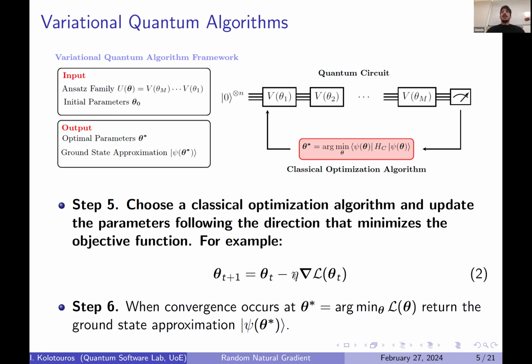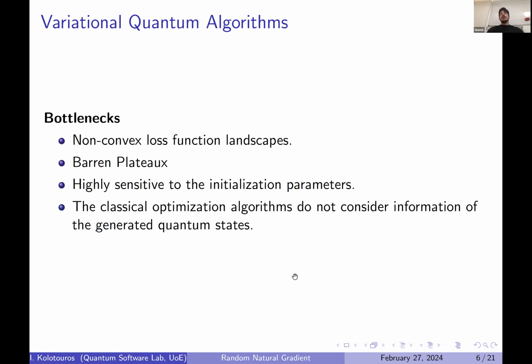Then you have a ground state approximation, an approximation of the solution that you try to solve. Of course, as you all know, although this framework looks really promising, it has lots and lots of problems that we still haven't solved. The first thing is that the loss function landscape is highly non-convex. So local optimization methods usually converge to a local minimum, which is highly dependent on how you initialize your parameters.